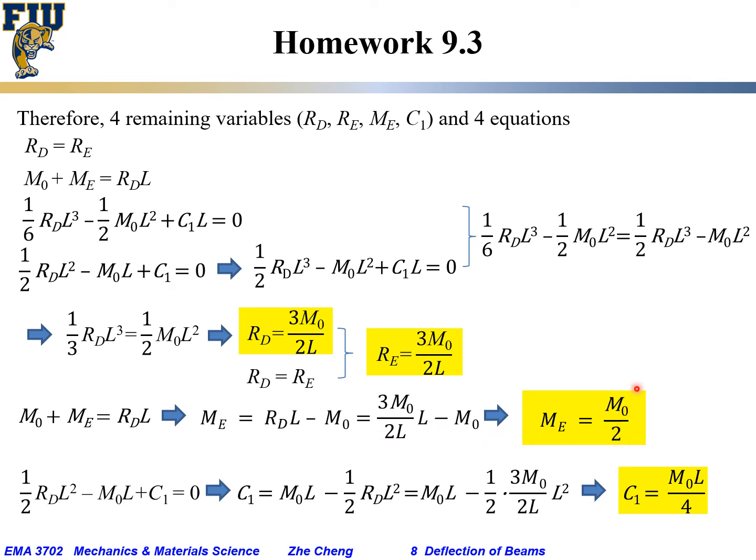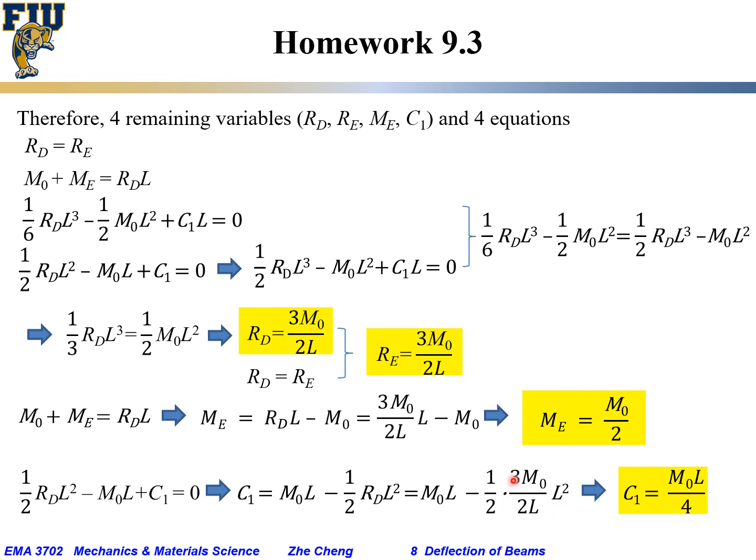Okay, and finally, half of RDL square minus M0L plus C1 equals 0. C1 would be M0L minus half of RDL square. RD is 3M0 over 2L times L square.